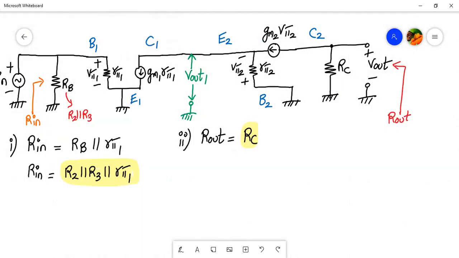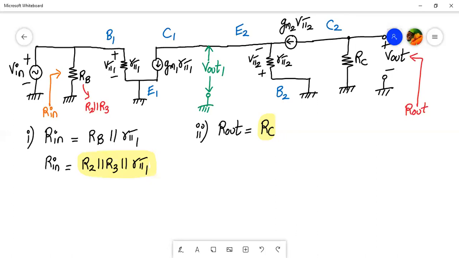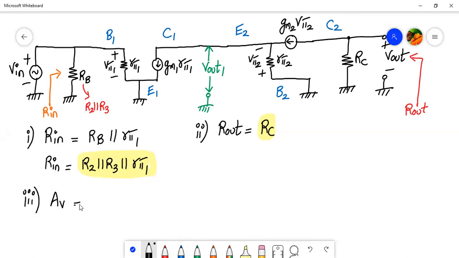Now we have to calculate the voltage gain. The overall voltage gain will be the product of the individual stage voltage gains. So first of all, let me write the formula. It will be V out upon V in, which can be written as V out upon V out 1 into V out 1 divided by V in.